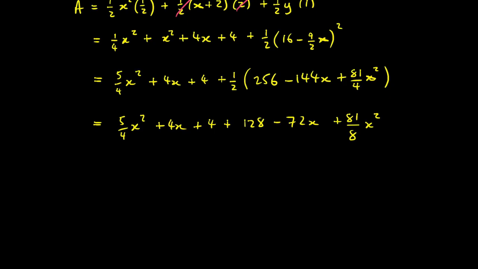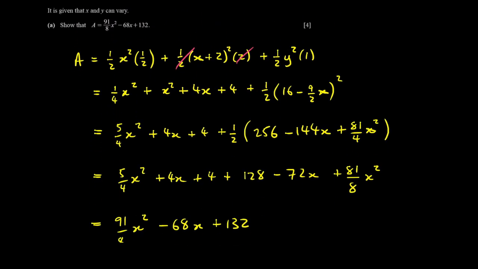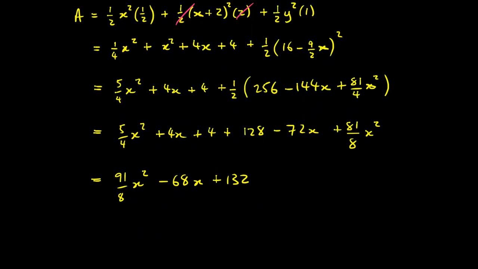Okay, then, well, let's combine the terms. 5 upon 4 x squared is the same as 10 upon 8 x squared. So if I add that to 81 upon 8, that's 91 upon 8 x squared. 4x minus 72x is minus 68x. And 4 plus 128 is 132. Now, hopefully that should match up with what we're told in the question, which it does. Okay, so that's the answer there to part A.